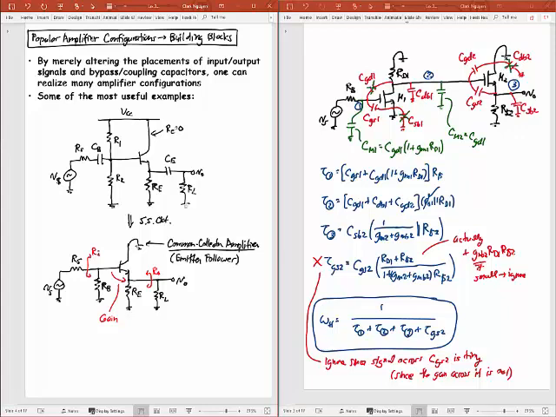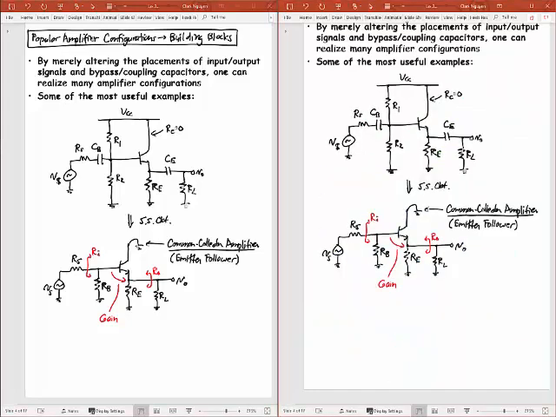So you understand the common emitter amplifier very well, but we talked about this before. You can get other types of amplifiers like common collector or emitter follower by just degenerating the emitter and taking the output from the emitter. Okay, that will give you what's called an emitter follower.